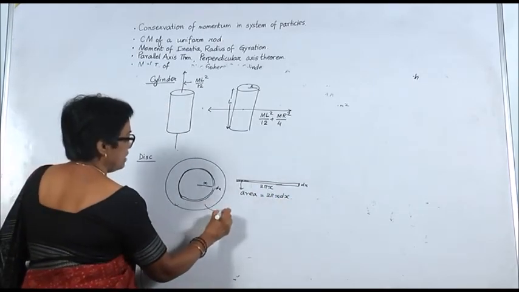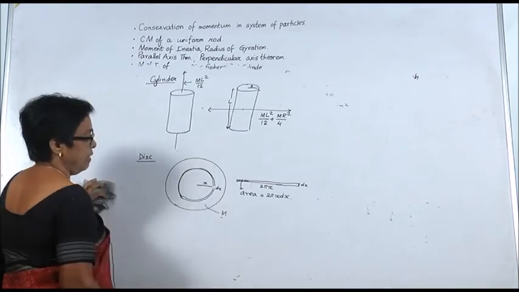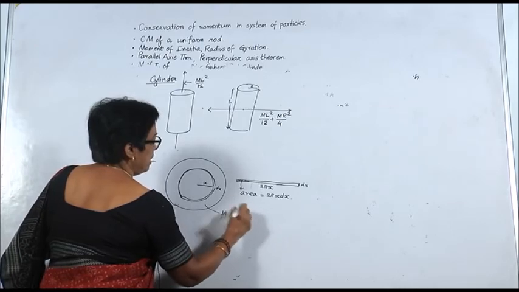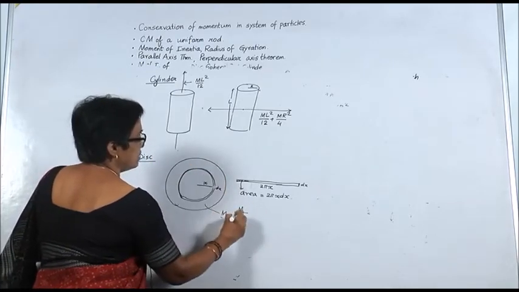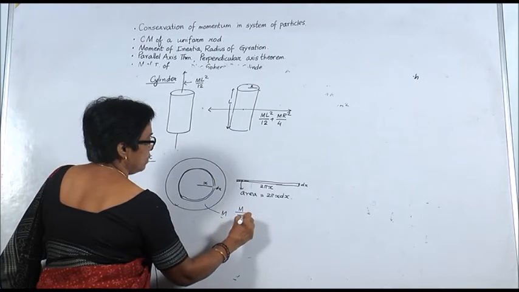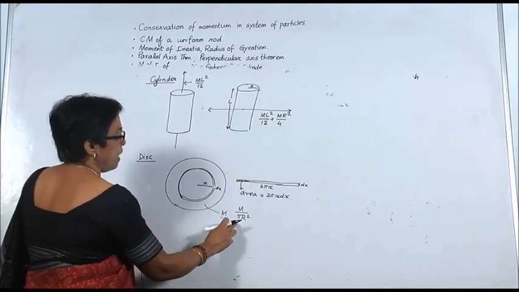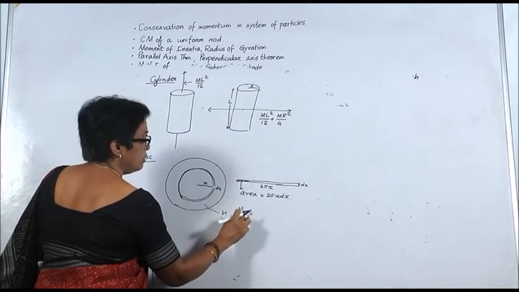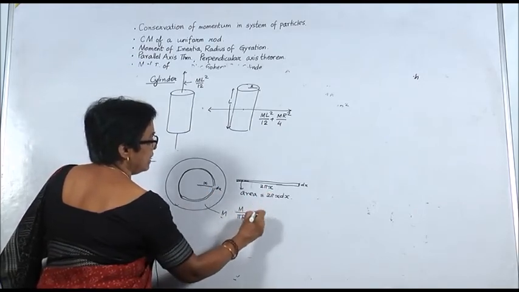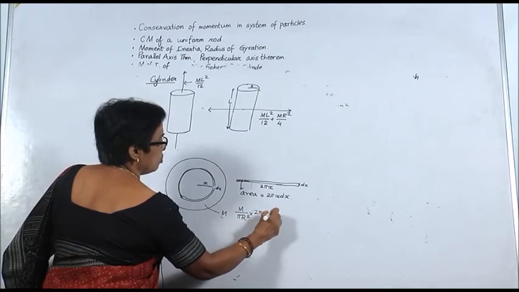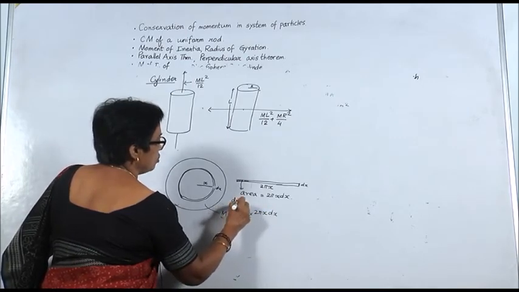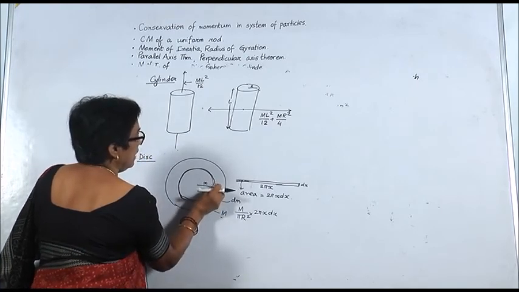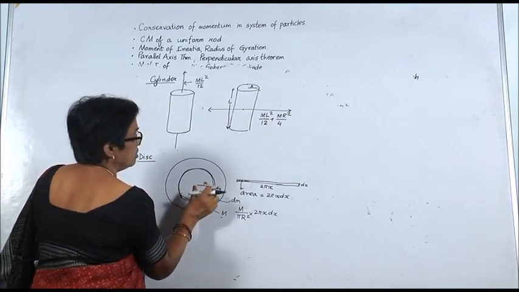If the total mass is m, mass per unit area will be mass by the area of the disc, which is pi r square. So this mass per unit area into the area of this ring, 2 pi x dx, is the mass of this small ring whose thickness is dx and whose radius is x.